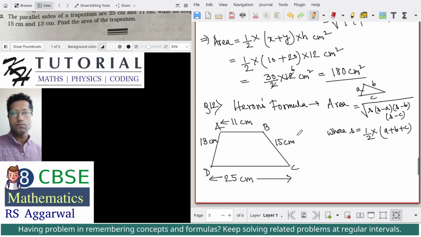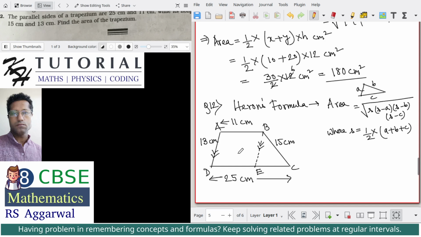So how do we apply Heron's formula to find the area of the trapezium? From the vertex B of the trapezium, I will draw a line parallel to AD. Let's say this is BE. So BE is parallel to AD.